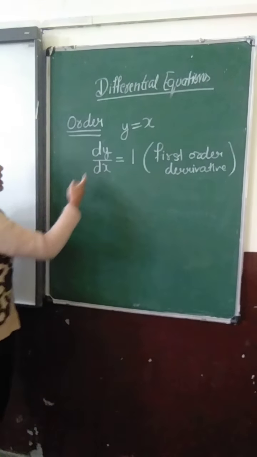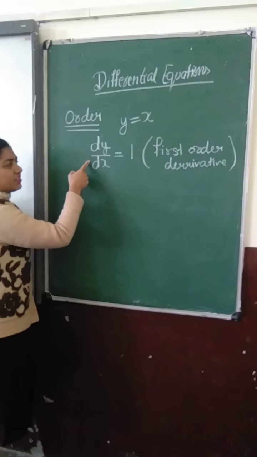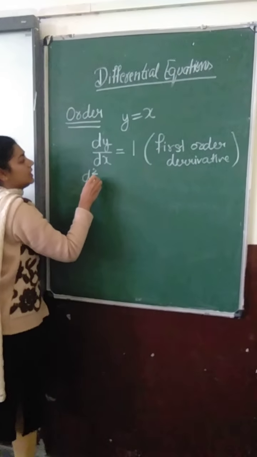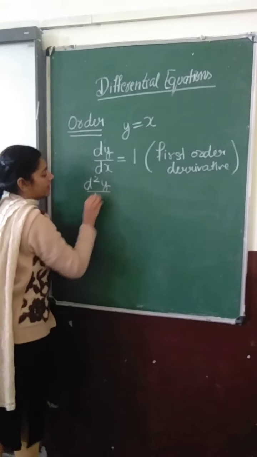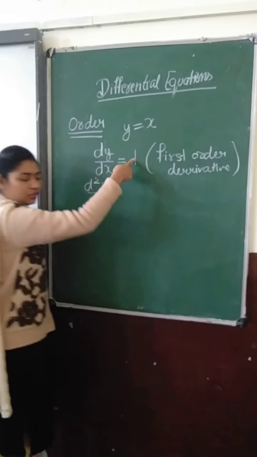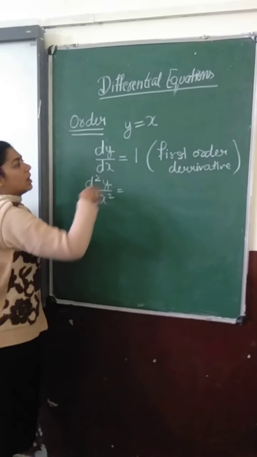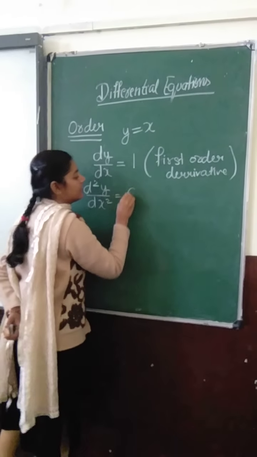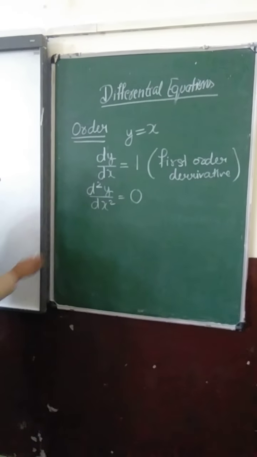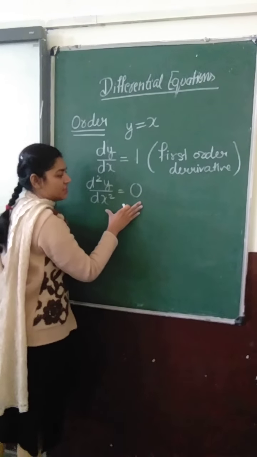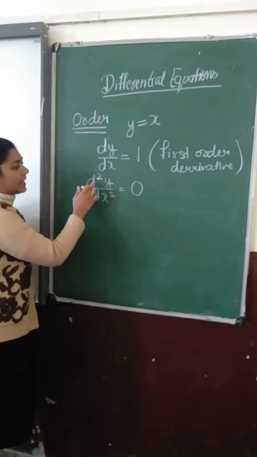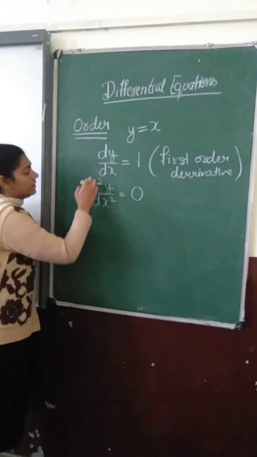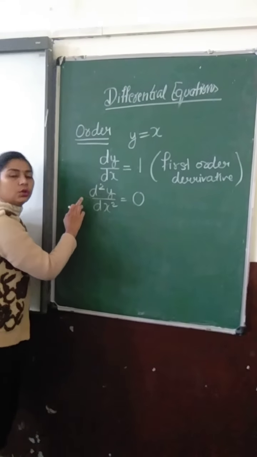Okay, now again I am differentiating this equation with respect to x. So it will become d square y over dx square, and when we differentiate constant with respect to x or y, whenever we differentiate constant, we will get 0. Okay, so this differential equation is known as second order derivative, because here we are differentiating the given equation 2 times.